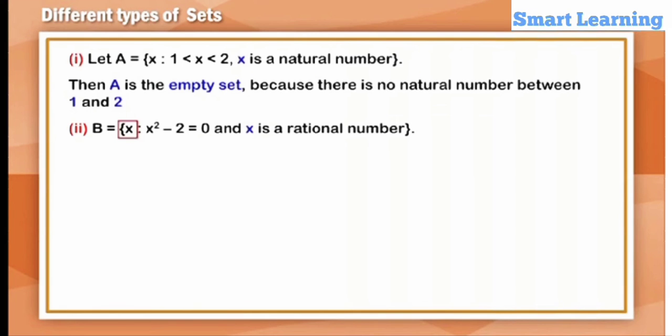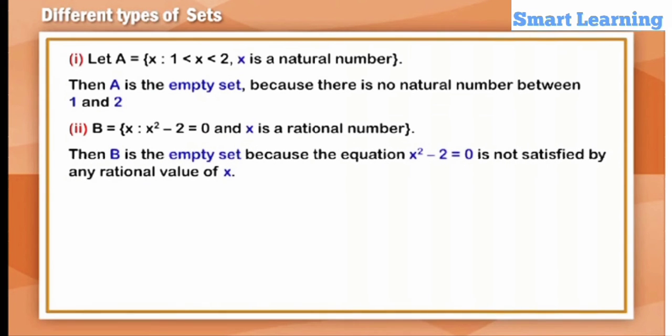B equal {x : x² − 2 = 0 and x is a rational number}. Then B is the empty set because the equation x² − 2 = 0 is not satisfied by any rational value of x.